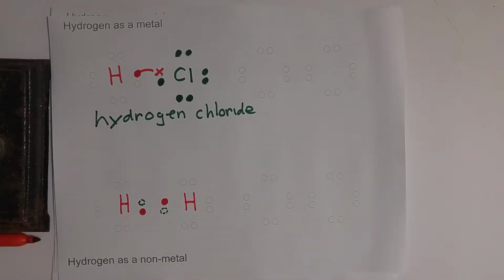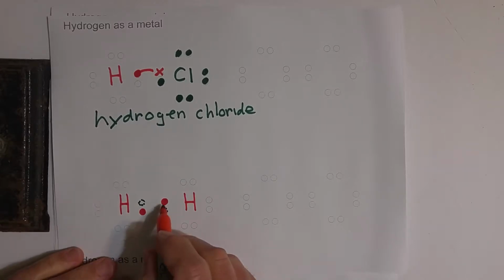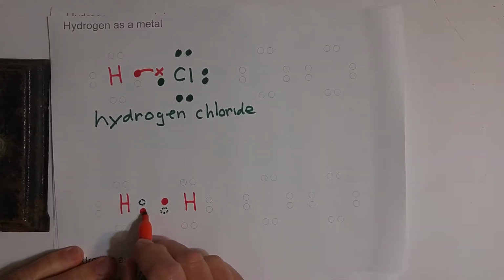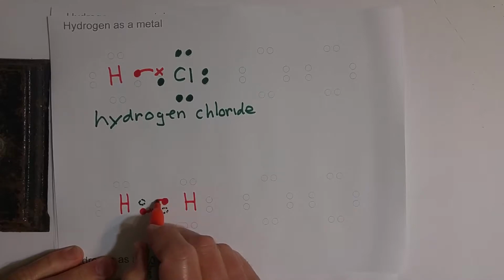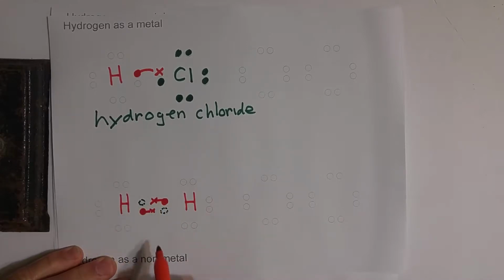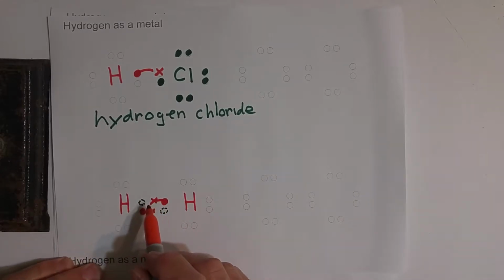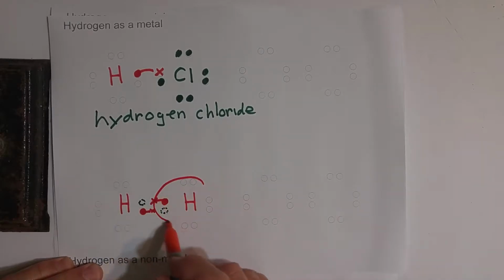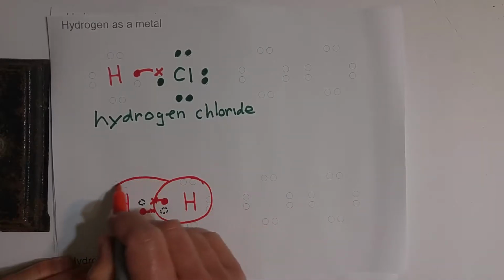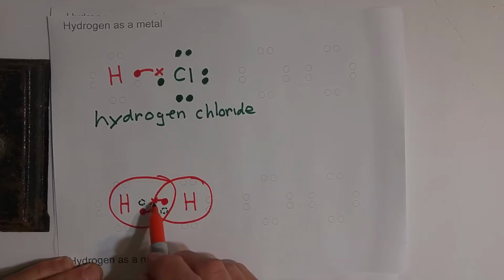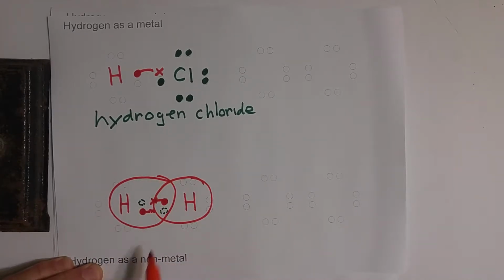Now they do a sharing. Each hydrogen says, I want one, so it passes it to the middle, and the other one passes to the middle. This is like putting it in a middle common ground. So we circle the shared pool of electrons, and each atom can pretend like it has both, and we would write this as H2.